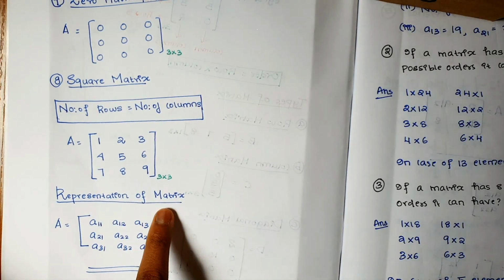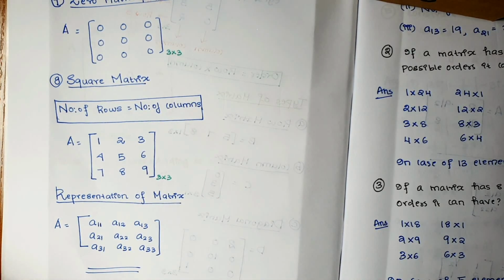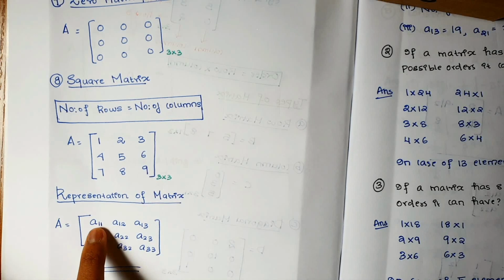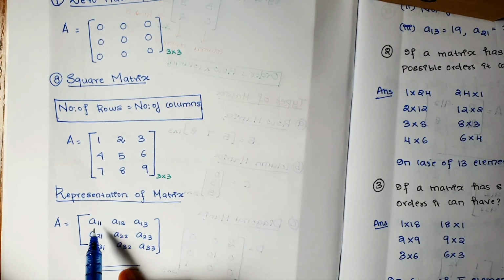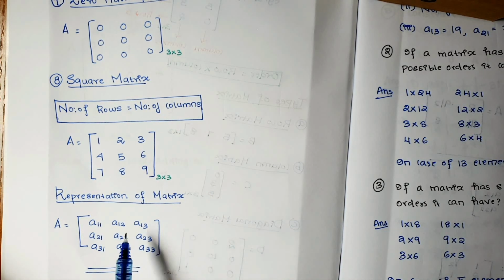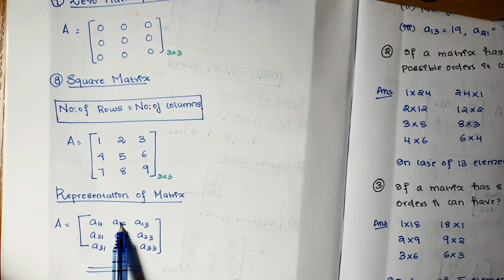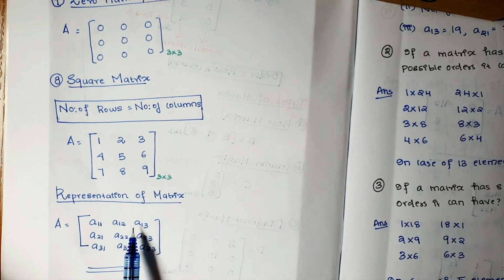Next, representation of a matrix. How are we representing a matrix? The first element is A11, which means that this element is at the first row and first column. A12 means this particular element is at the first row and second column.